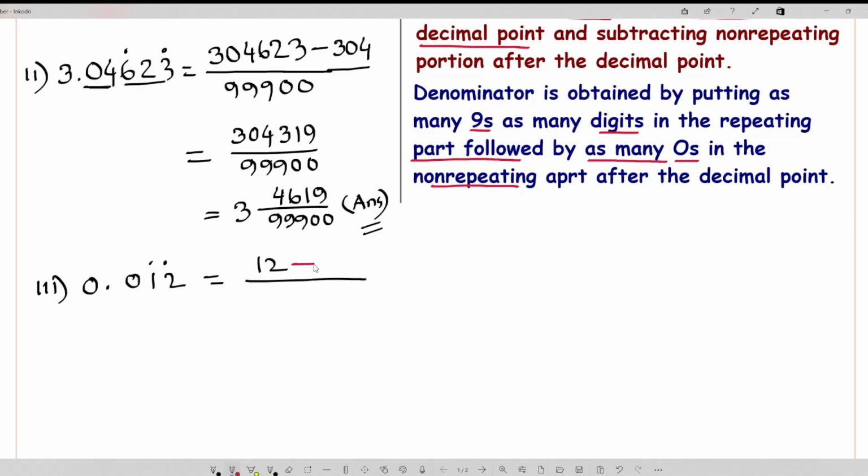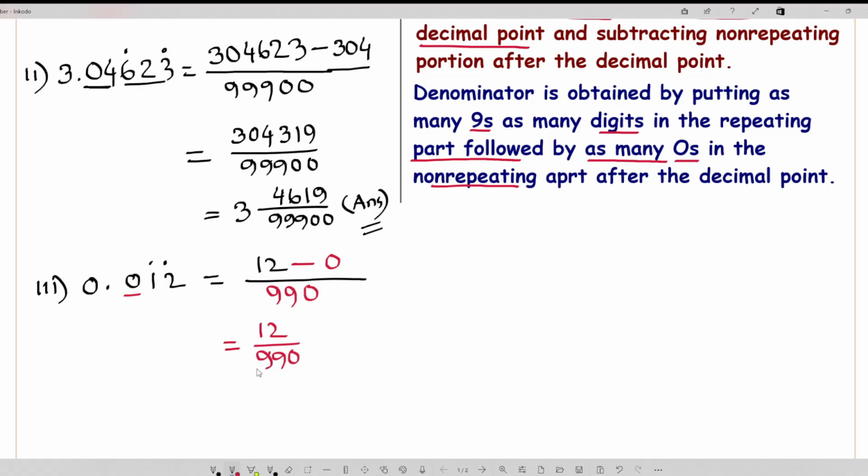Now we subtract what comes before the repeating part, but here there is nothing, so we write 0. Here 1 and 2 are the repeating decimal, so we write 9 and 9, and 0 is the non-repeating part, so we write 0. So here is 12 over 990, right?